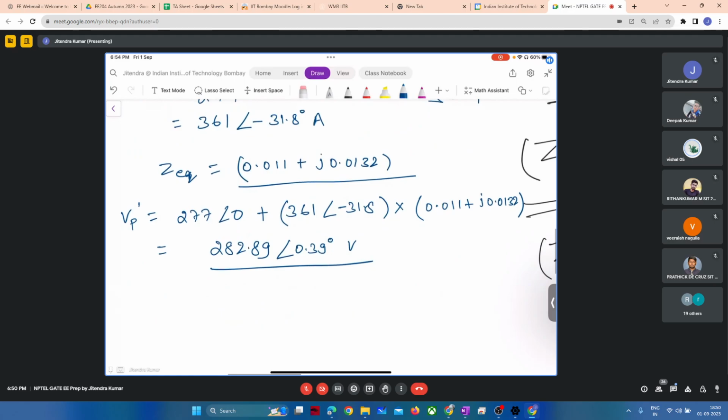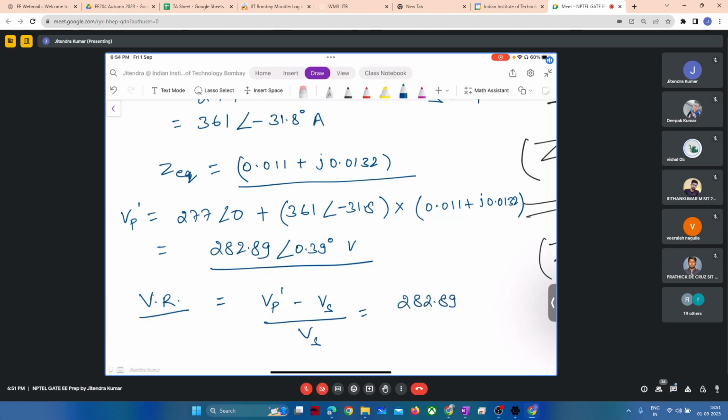Now to find out the voltage regulation, what is the expression of voltage regulation? No load voltage minus full load voltage divided by full load voltage. Great. So VP dash minus VS divided by VS. We are concerned only with the magnitude.